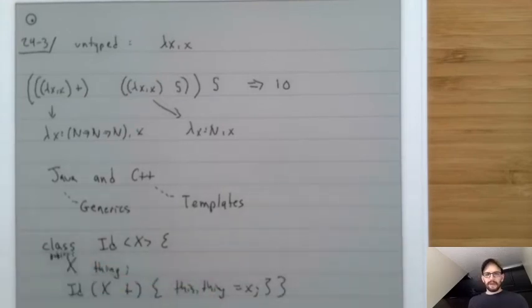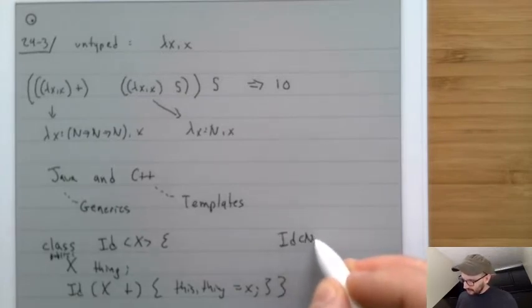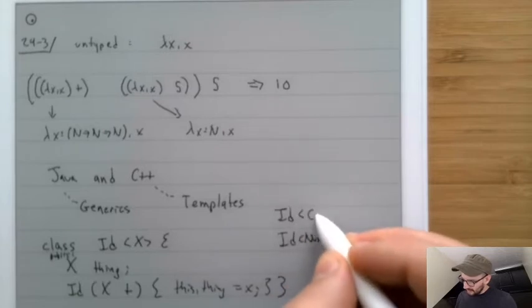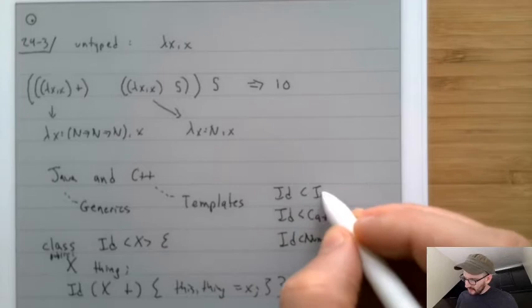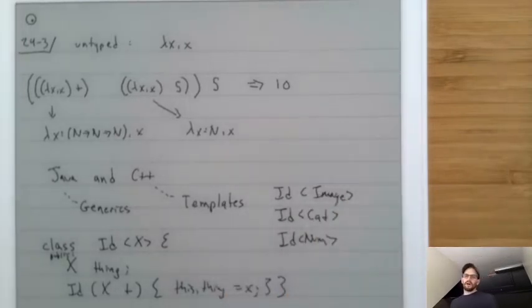Then I could instantiate this at ID number, or I could instantiate it at ID cat, or ID image. And so this exact same code can work on many different kinds of types.